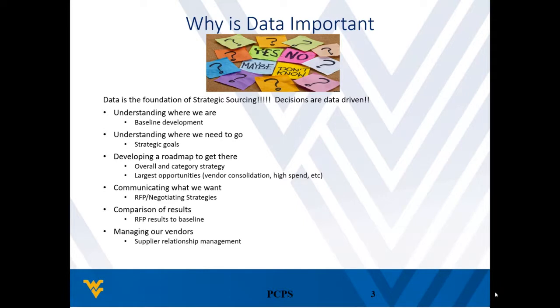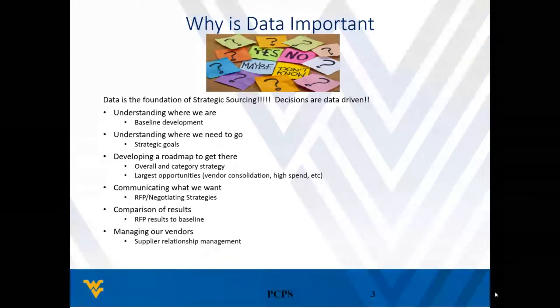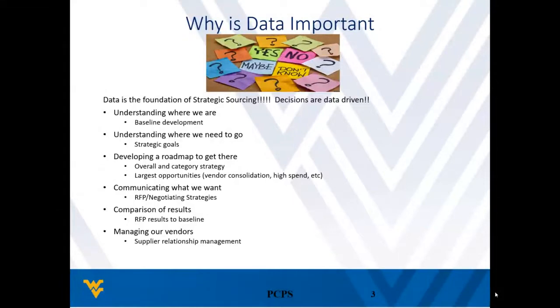Well, to do that, right, we need data. We need pricing data. Are they consistently meeting the pricing we have in our contract? Are they consistently delivering on time? Is quality there? That's all data that we need to collect in order to scorecard our vendors.